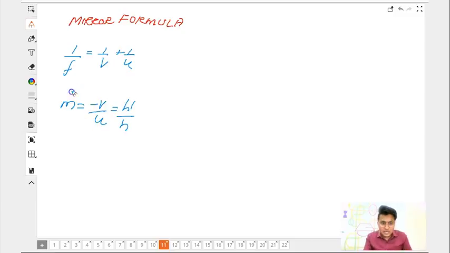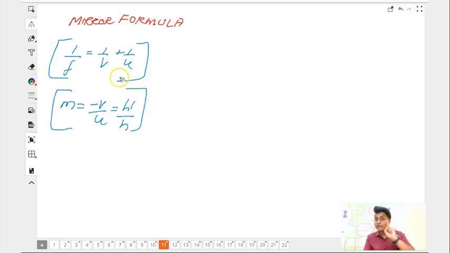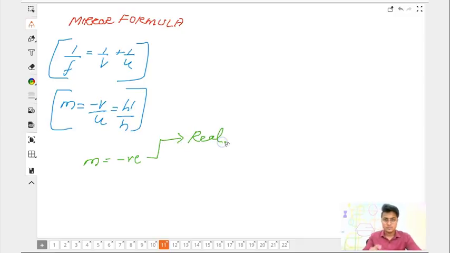This magnification right here, guys, is very, very important because it tells you one very important thing. Please make a note right now, guys. When magnification comes out to be negative, you know that it must be a real image.